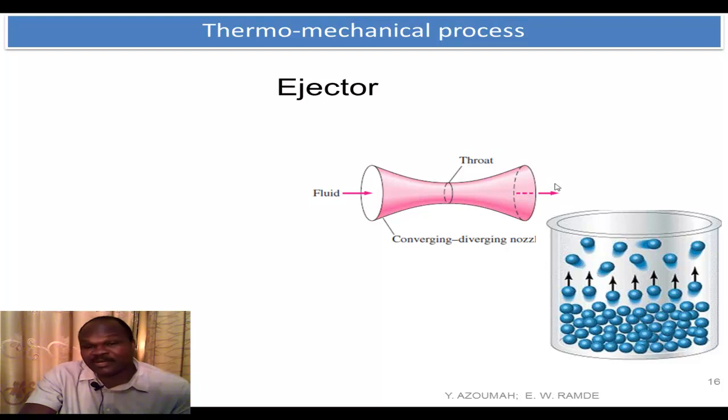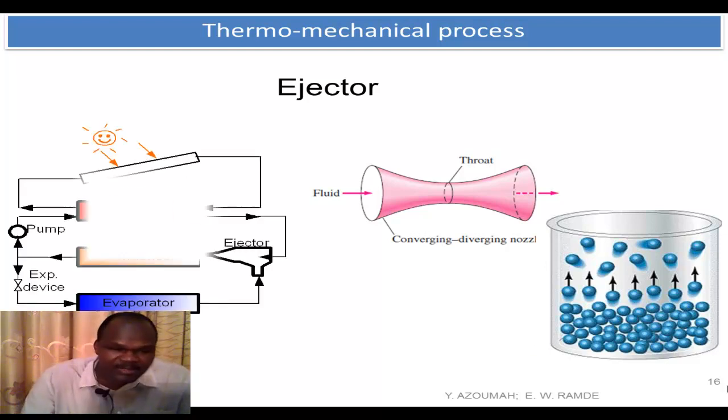Thus the pressure will be almost zero, like vacuum. And that stream of fluid will then entrain some of the vapors on top of the fluid here. Take them away. And in doing that, some more liquid will evaporate, and then you create some cooling. That's the principle behind the solar ejector cooling.